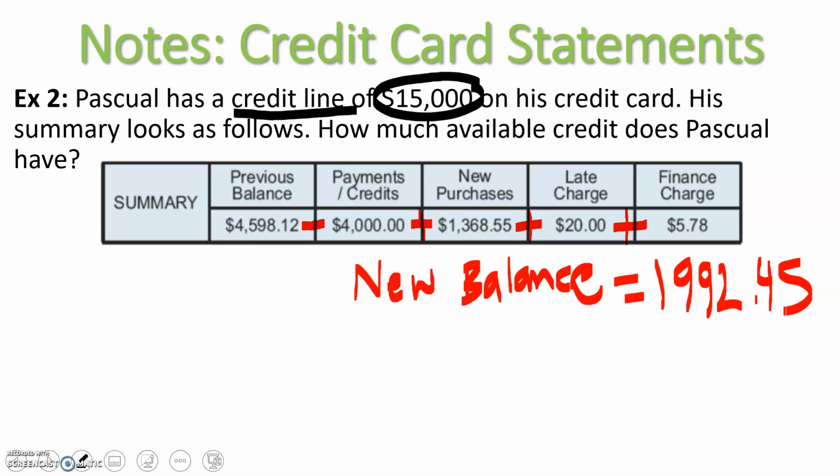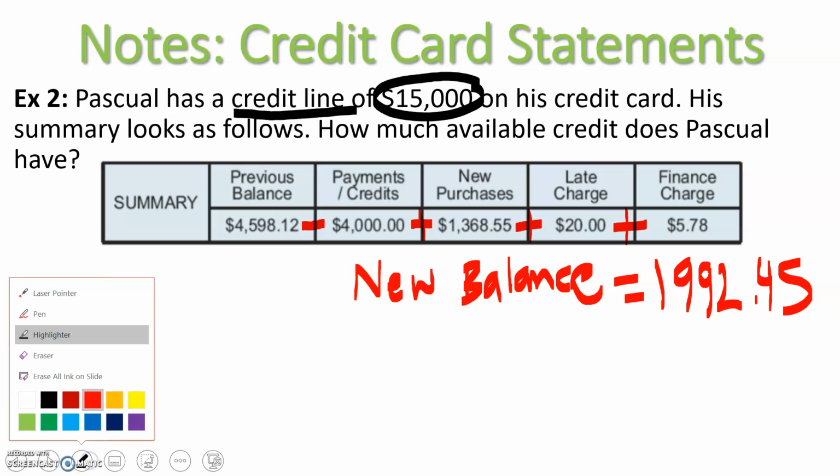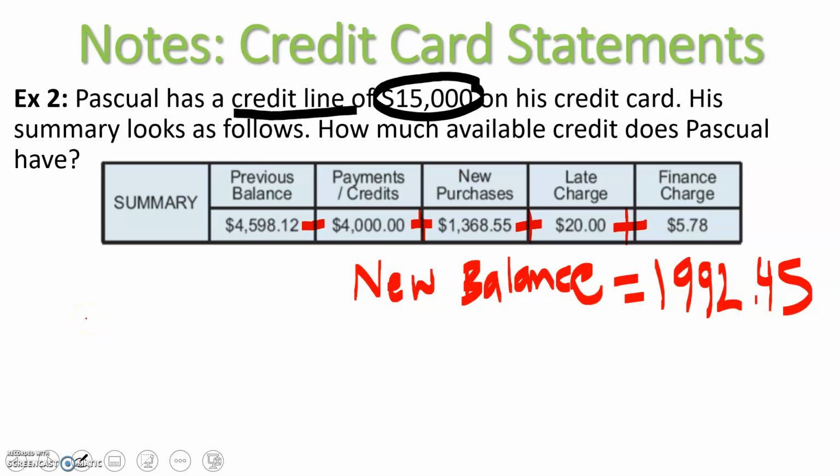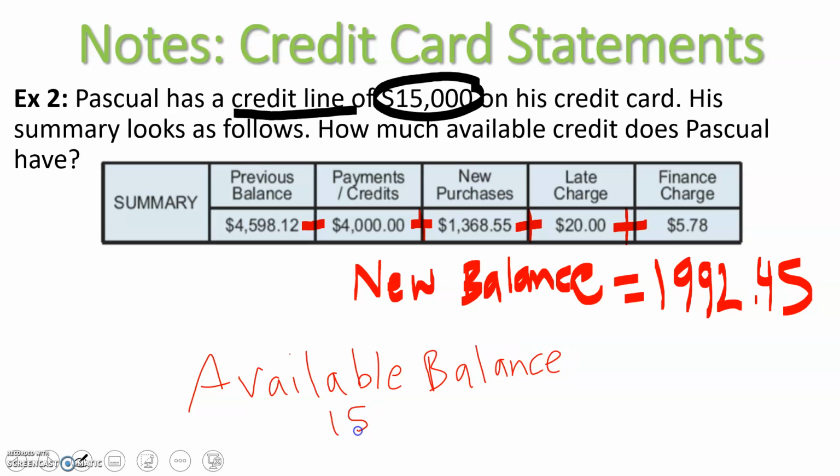Okay, now we know that he has a credit line of $15,000. So in order to figure out his available balance, we are going to take how much he owes and subtract that from how much they're offering him. So they're offering him $15,000, but he owes $1,992.45.